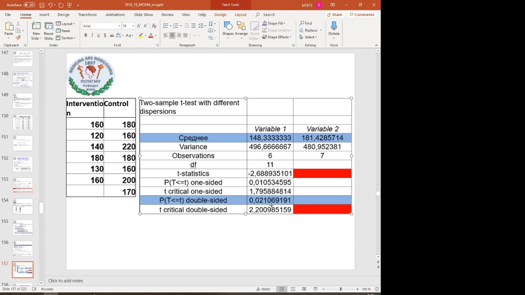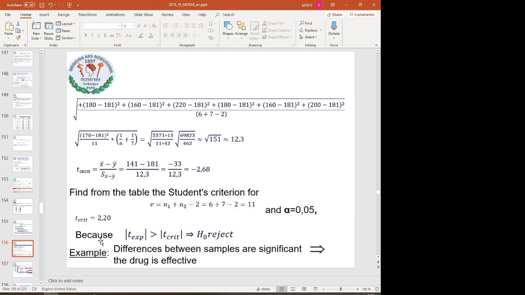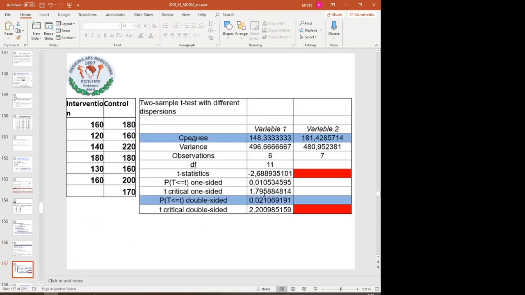And the critical value is 2.20, just like we found in our table of critical values. And nowadays actually the significance is checked by the p-value that we don't consider in our lectures and our practice, because it's impractical to calculate this value on calculators, so in most cases it's impossible.